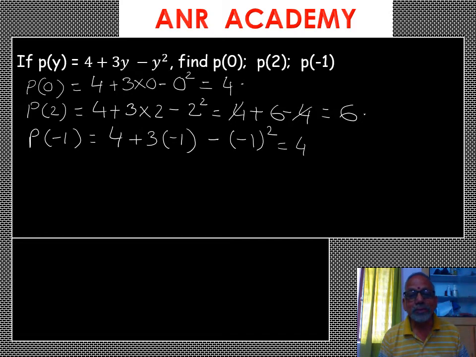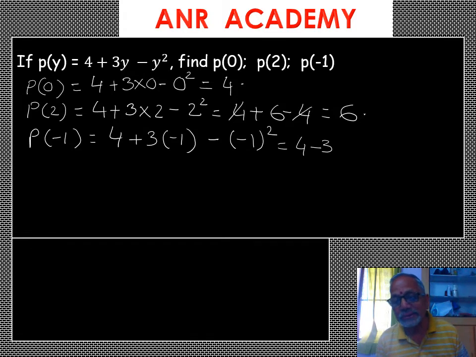So this is 4 plus into minus. The product of unequal signs, plus and minus, always gives minus 3. Equal sign multiplication gives plus, unequal sign multiplication gives minus. So minus 1 whole square means plus 1.